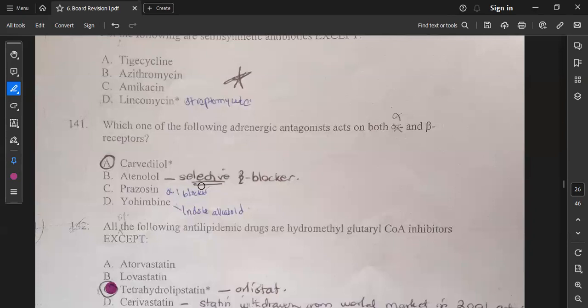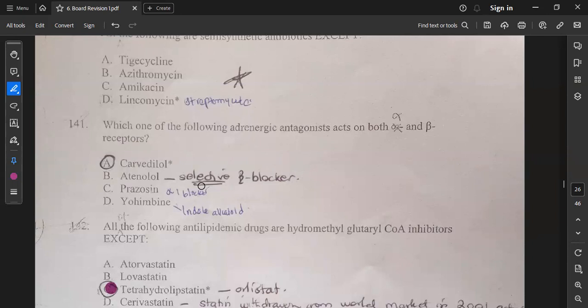Anyway, the classification of lipoproteins, we have five: chylomicrons, very low density lipoproteins, intermediate density lipoproteins, low density lipoproteins, and high density lipoproteins. Clinically, LDL and HDL are the common focus. LDL, bad. HDL, good.